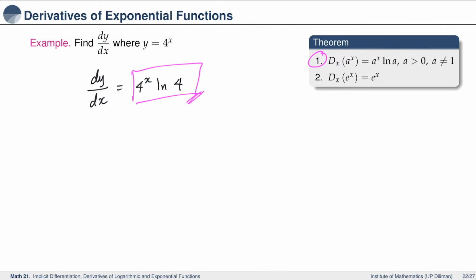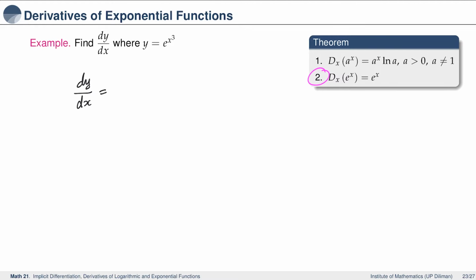Okay, let's take another example. Here we have y equal to e raised to x cubed. Note that this can be written as a composition of two functions. The outermost function is the natural exponential function, and its inner function is x cubed. To evaluate the derivative of y with respect to x, we first take the derivative of the outer function, making use of the second formula.